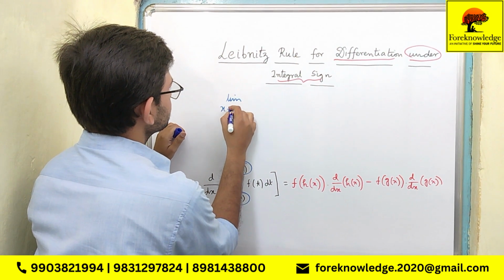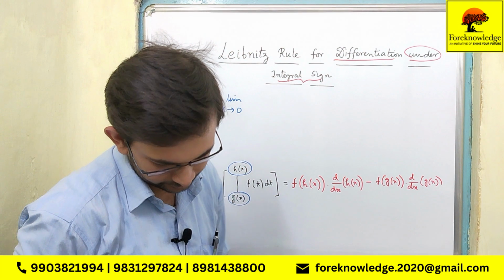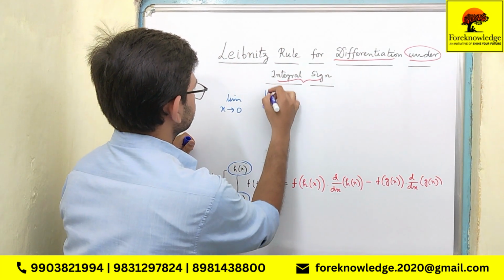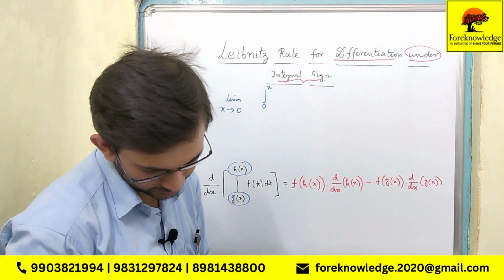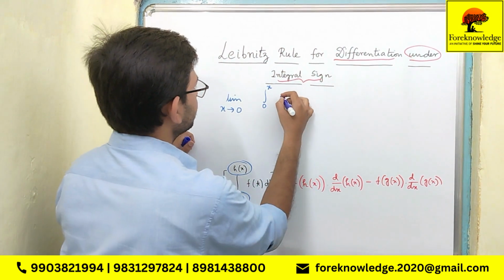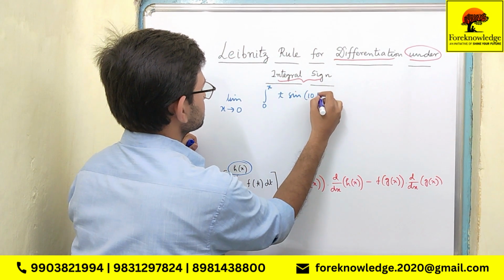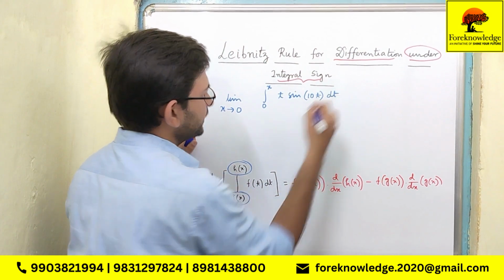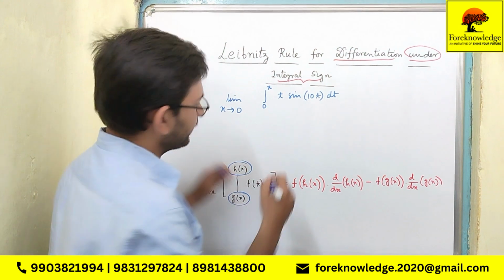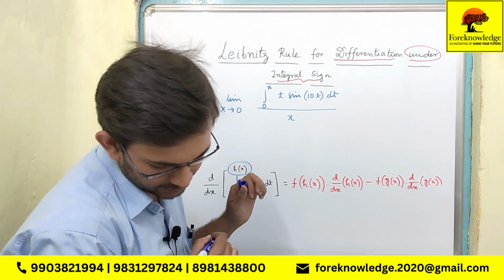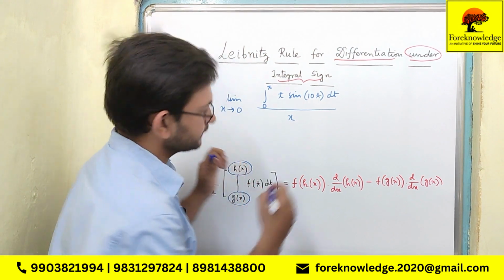limit x tends to 0, integral from 0 to x of t sin 10t dt, divided by x, equal to, there are four options.